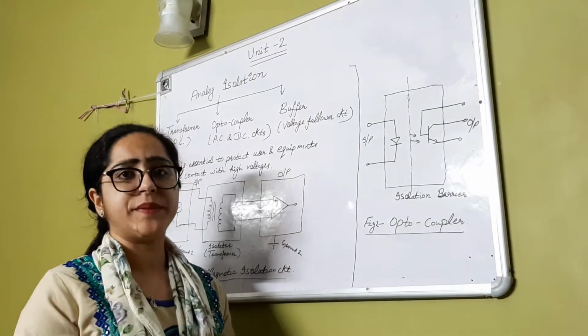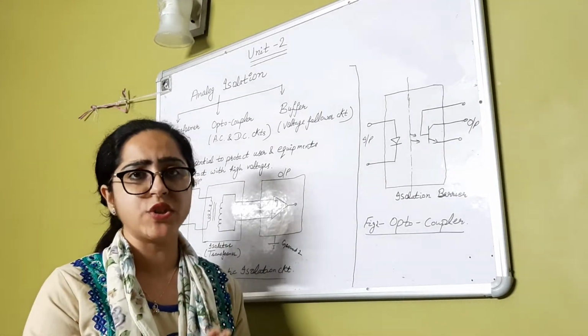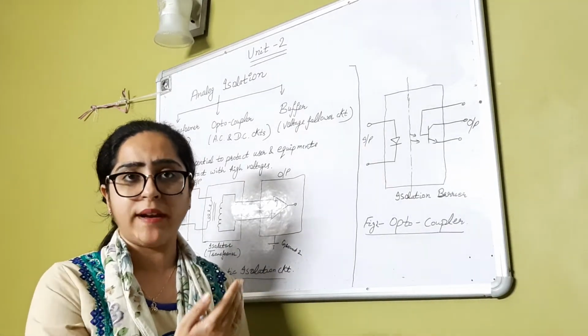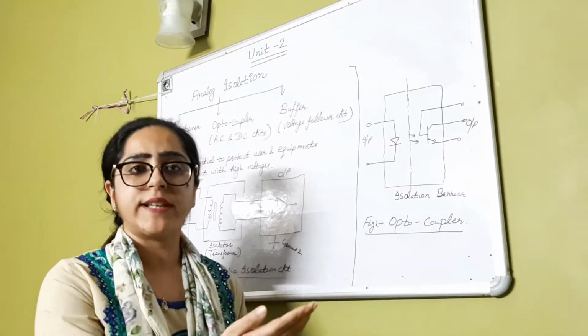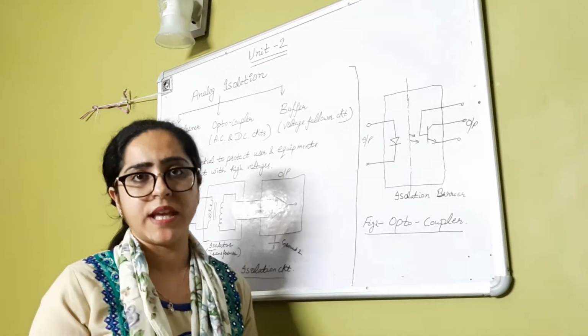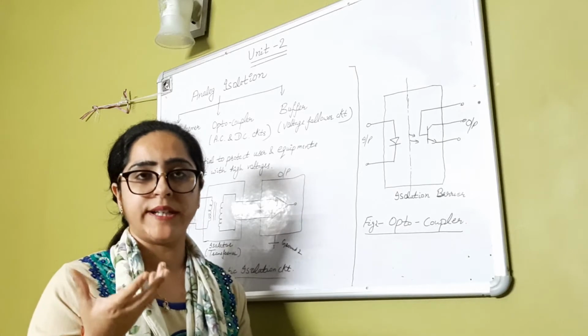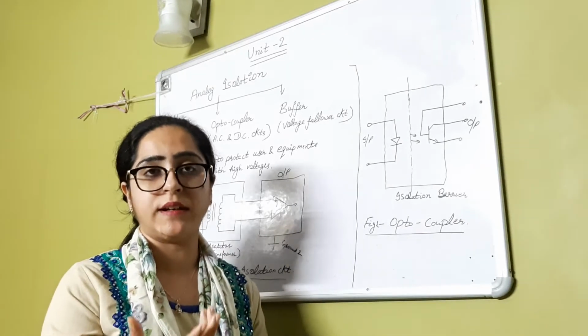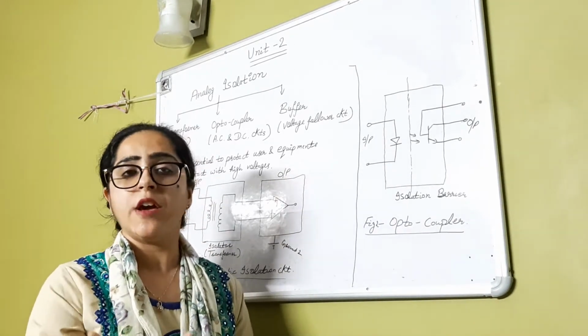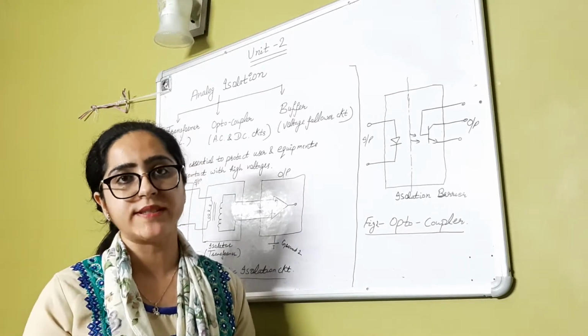If there is any high voltage or transients at the source side, it can harm the electronic equipment or the machines which are used for the measurement purpose for health monitoring of the patients in the medical field.